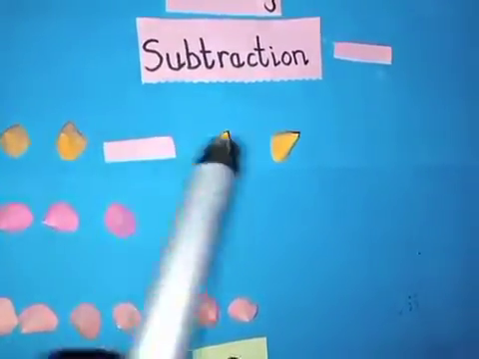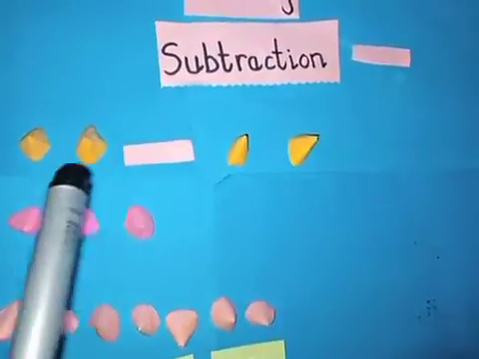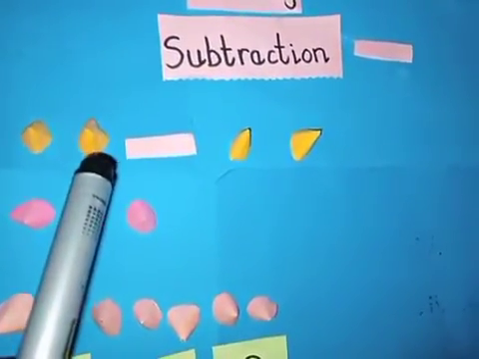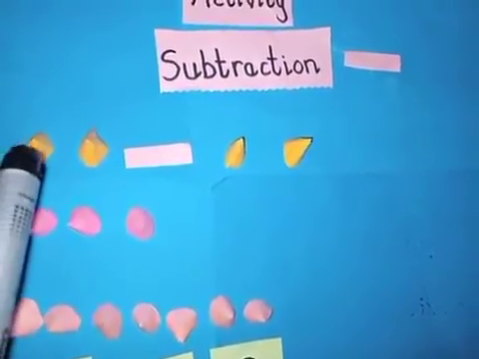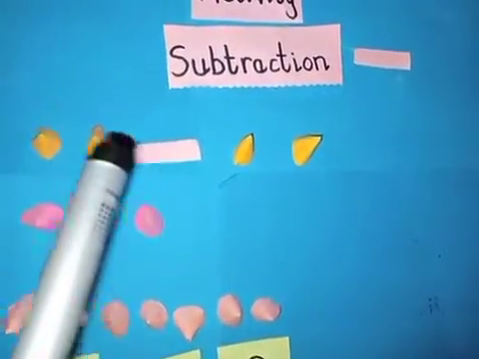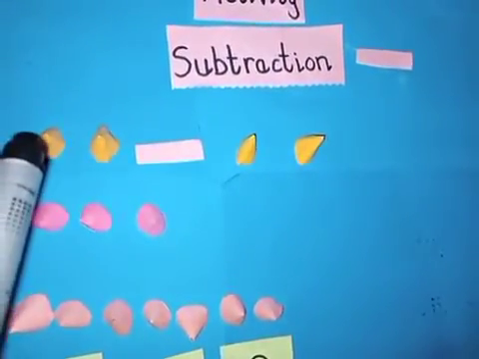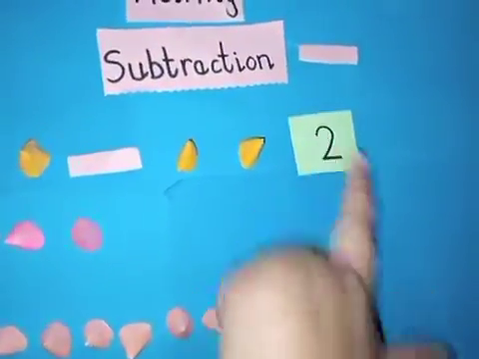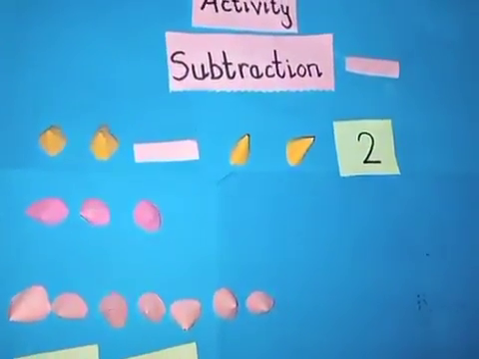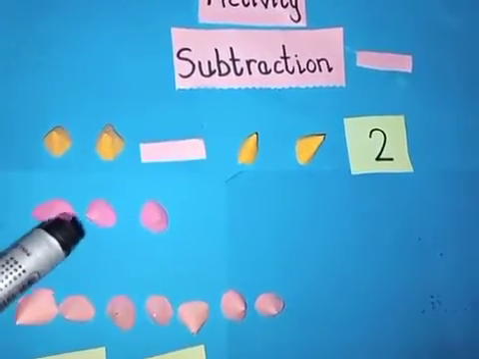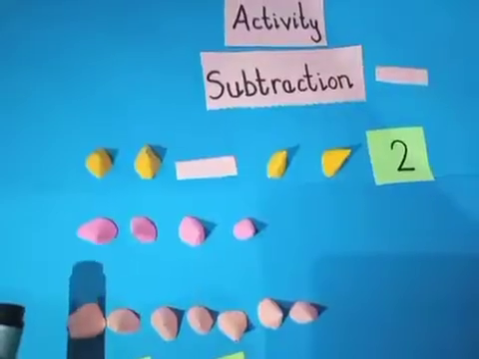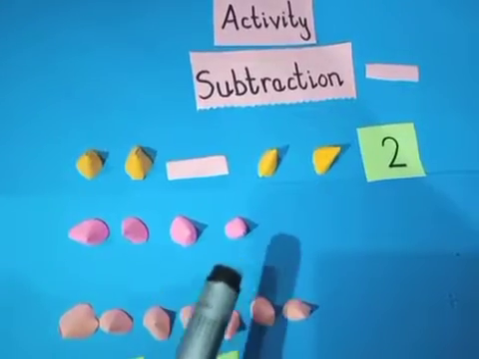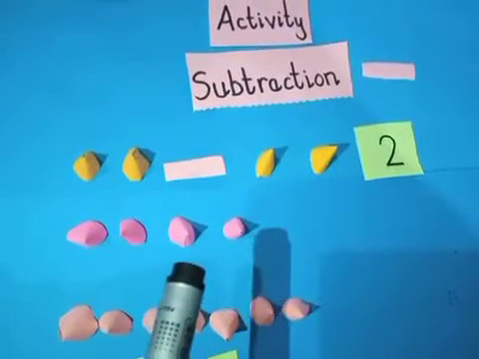Look here, if we less these 2 cones, how many cones are remaining? Count 1, 2. Yes, if we subtract 2 cones from 4, answer is 2. We will place here number 2. Look here, how many cones are here? 1, 2, 3, 4.